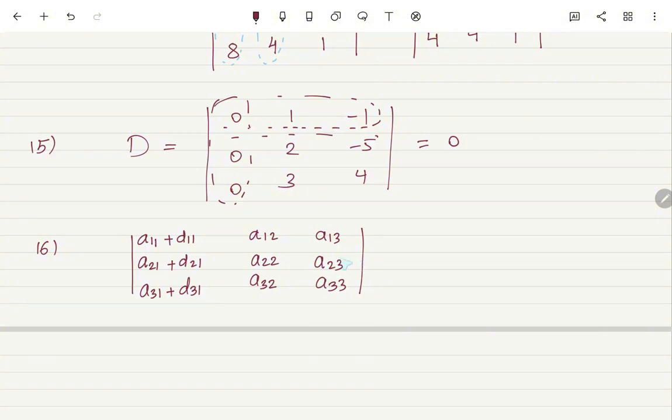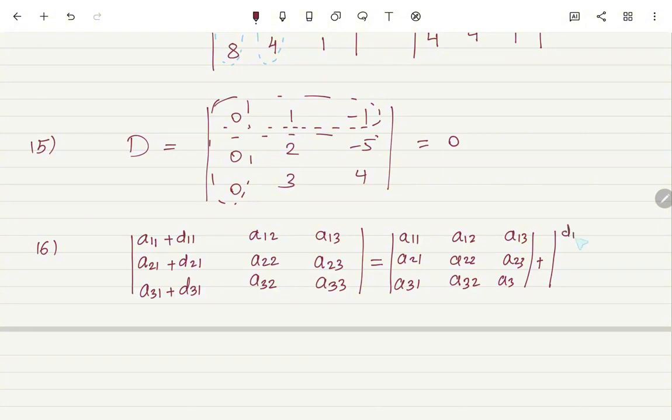We can rewrite this determinant as the sum of two separate determinants, which equal this one here: a1 1, a2 1, a3 1, a1 2, a2 2, a3 2, a1 3, a2 3, a3 3, plus now d1 1, d2 1, d3 1 with the same elements right here.